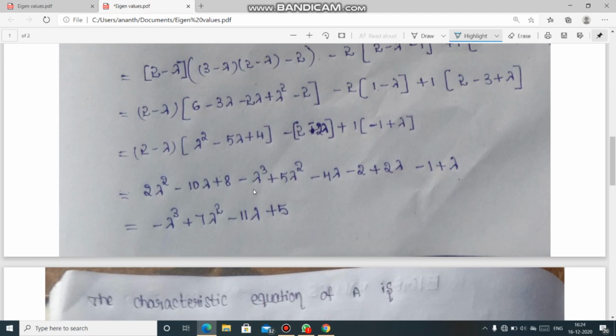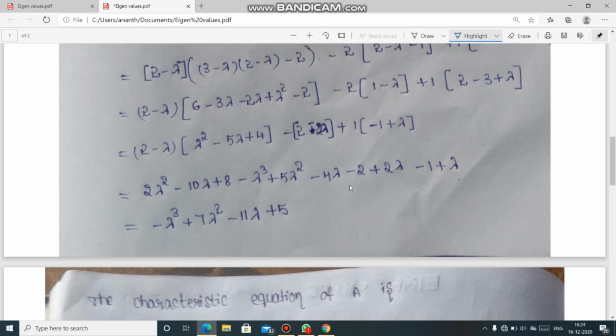So by simplifying this equation, we get minus lambda cube plus 5 lambda square plus 2 lambda square, that is 7 lambda square. Next here minus 10 lambda minus 4 lambda is equal to minus 14 lambda, and here 2 lambda plus lambda, 3 lambda.